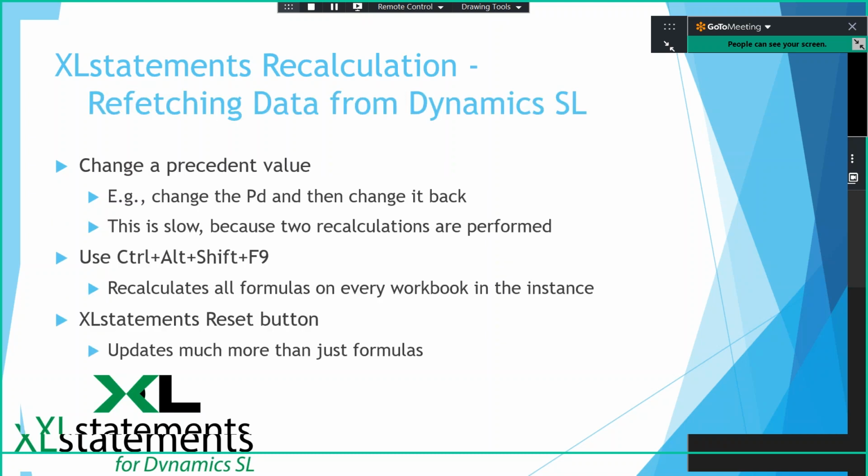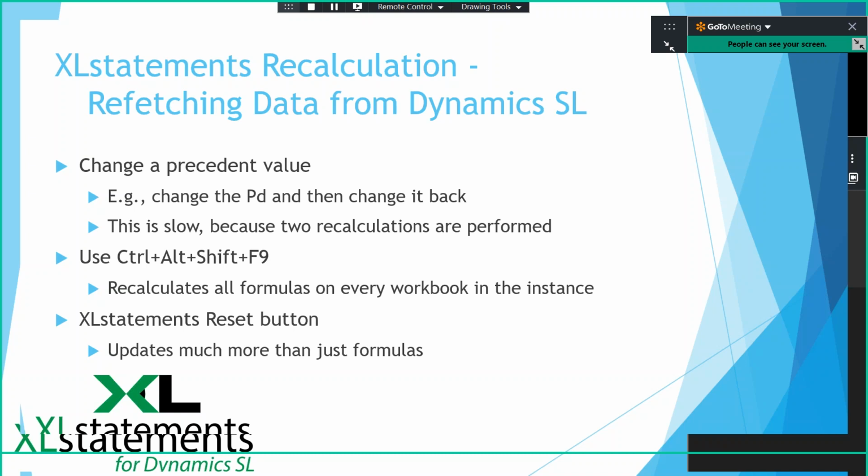So how do you get XL statements to refetch data? After you open a report, someone went and posted a bunch of batches. The way a lot of people do it is they just go and change the precedent value. So let's say your period: you're looking at period 6, you could change that to 5 and then back to 6, and that's going to refetch all of that data.